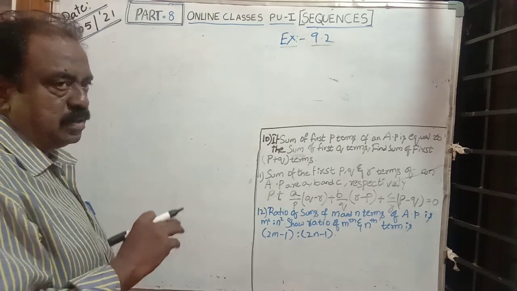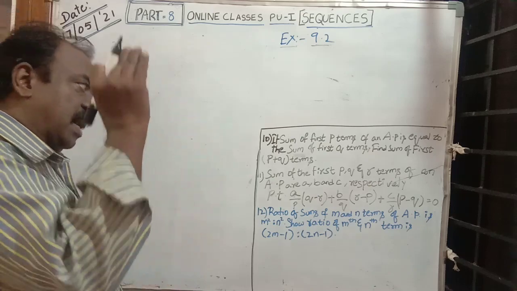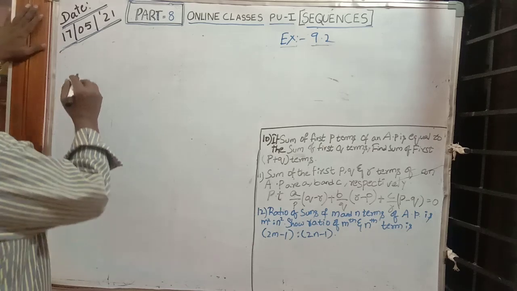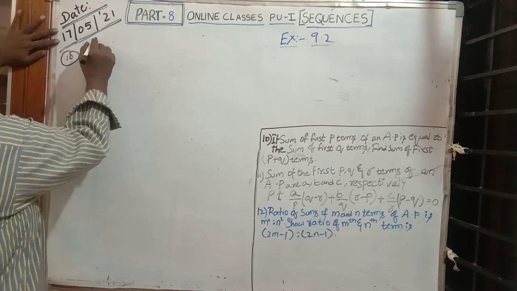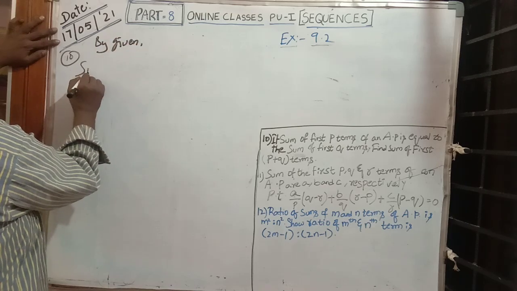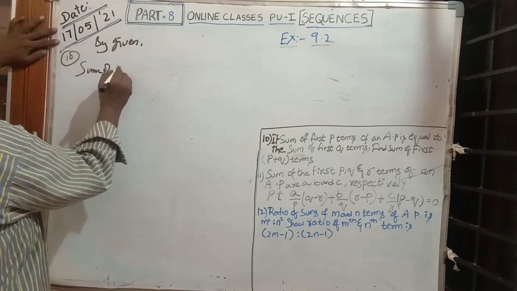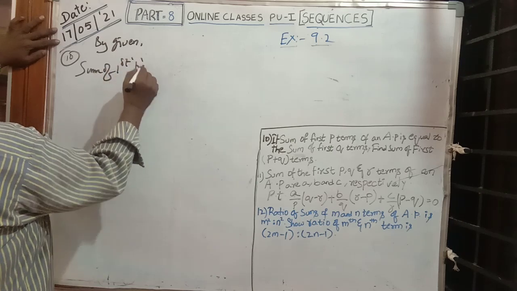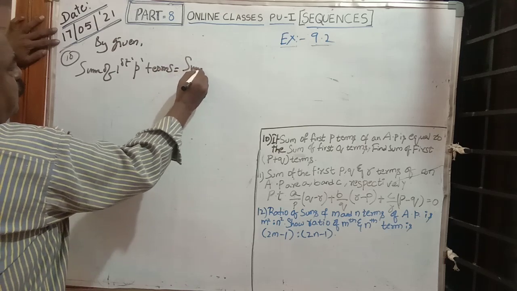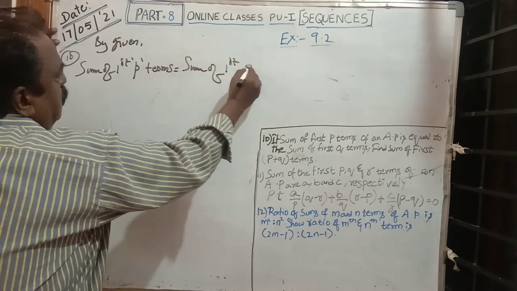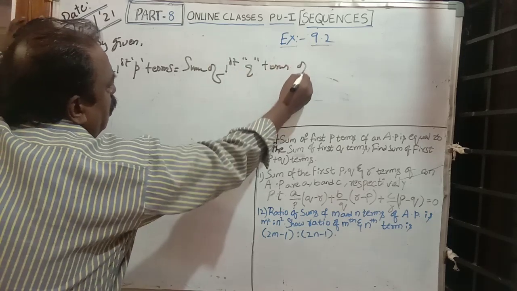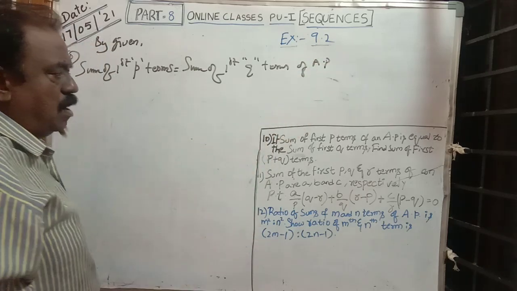By the problem, the sum of the first p terms is equal to the sum of the first q terms of the AP, both the same AP.